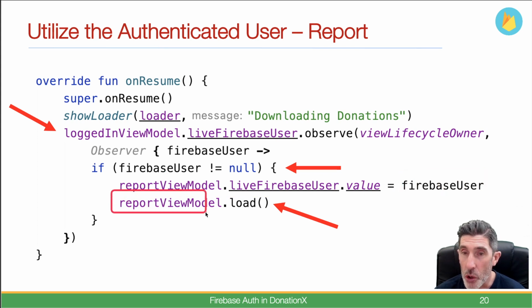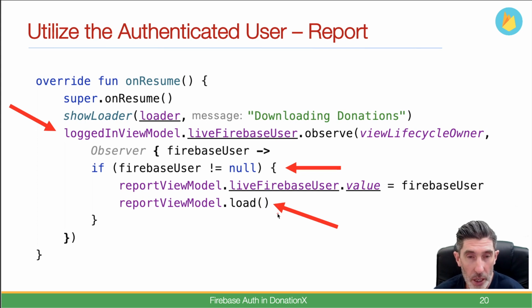Then we just call .load on the view model itself, because remember, this is still tying back to our node server, which is now multi-user, which means it could be changed elsewhere, could even be changed on the server through a separate client if you happen to be signed in on another device.